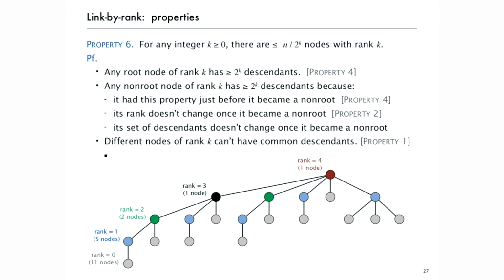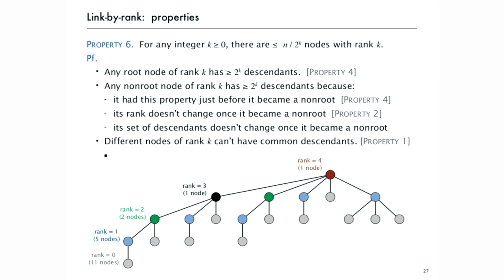Every node's rank keeps changing on this path. So you cannot have two nodes of the same rank being ancestors of each other, because then there would be a non-trivial path from one node to another where I start with one rank and reach the same rank, when I know that on each hop rank strictly increases. Not possible.